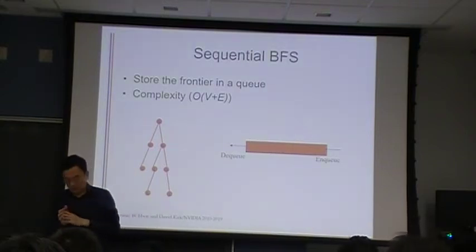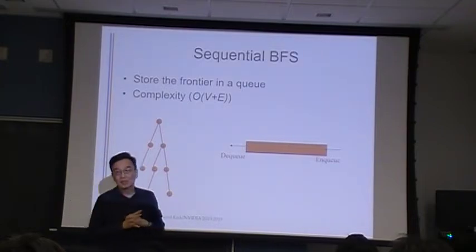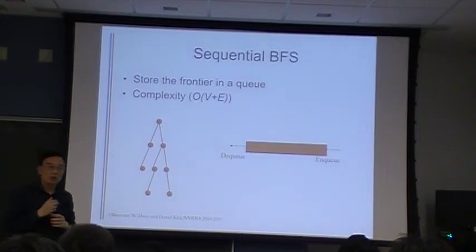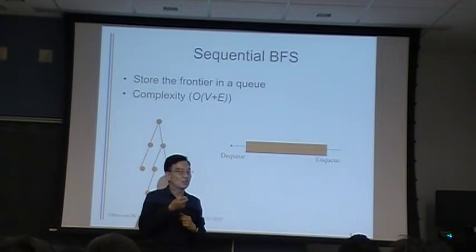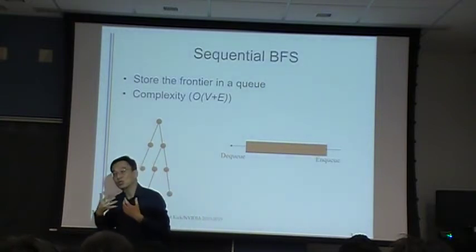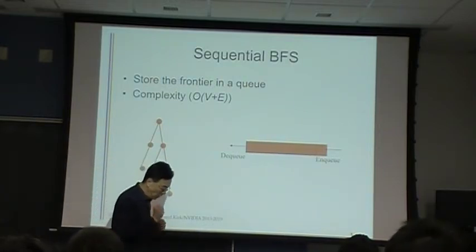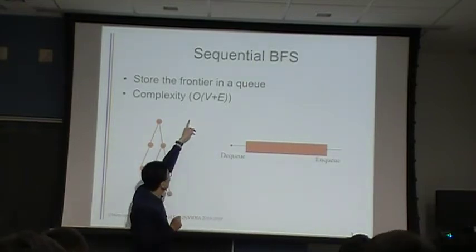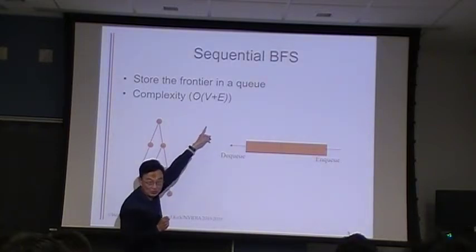So let's first talk about an efficient sequential algorithm. From the sequential algorithm point of view, people oftentimes try to minimize the number of computation steps, to reduce the computation complexity. An efficient sequential breadth first search algorithm should be of the order of the number of vertices or nodes plus the number of edges.